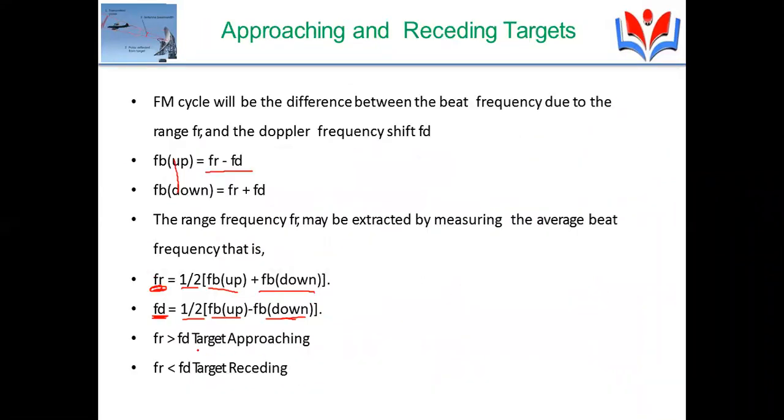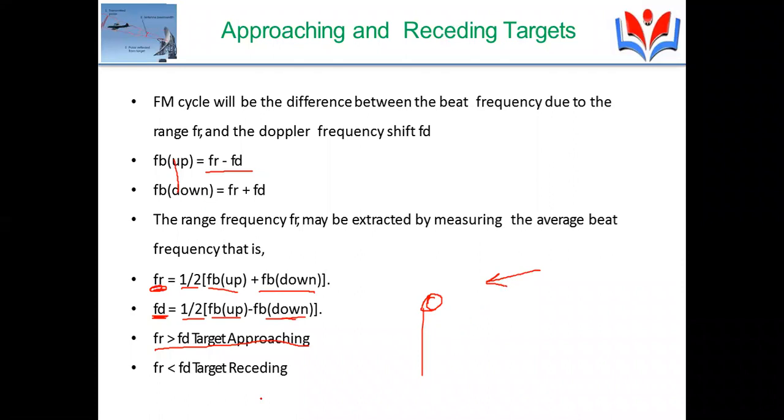So how can we take a decision? If FR is greater than FD, meaning the range frequency is greater than FD, in that case the target is approaching the radar side. We can take that decision.